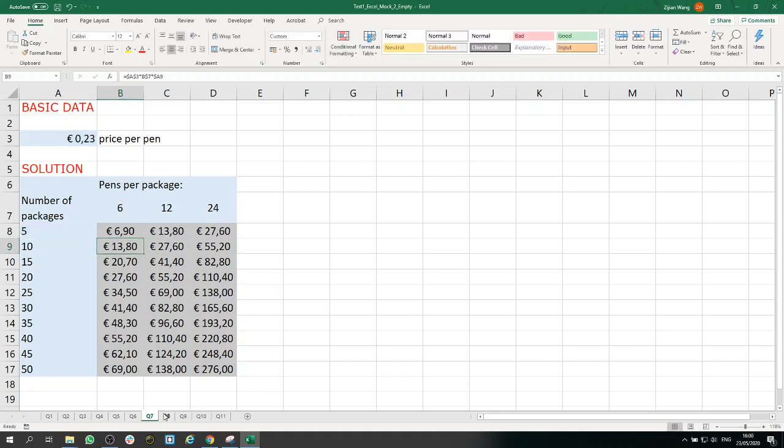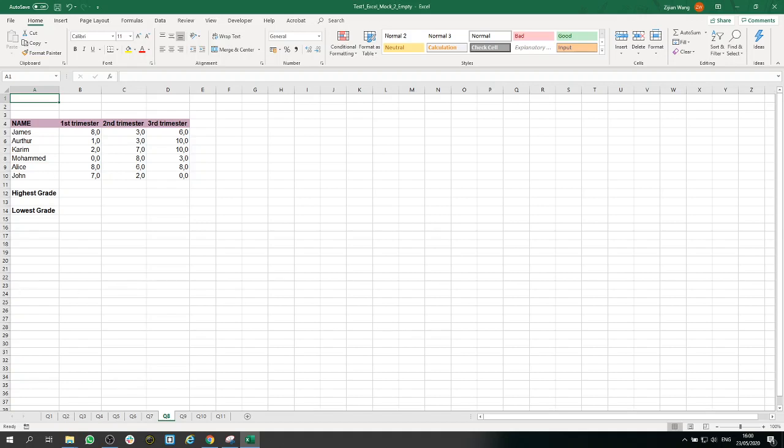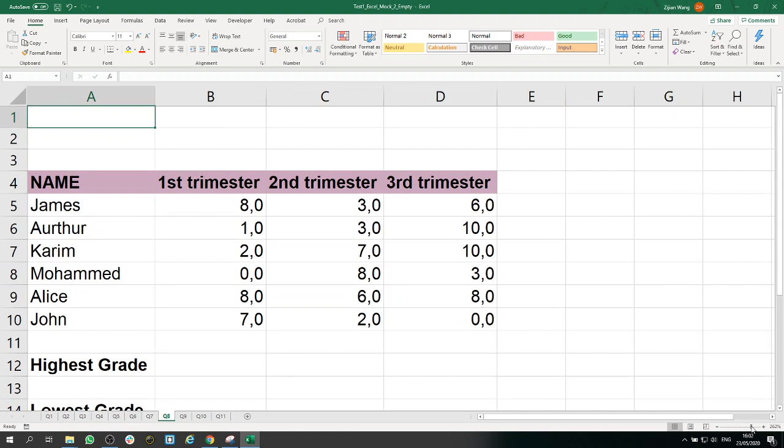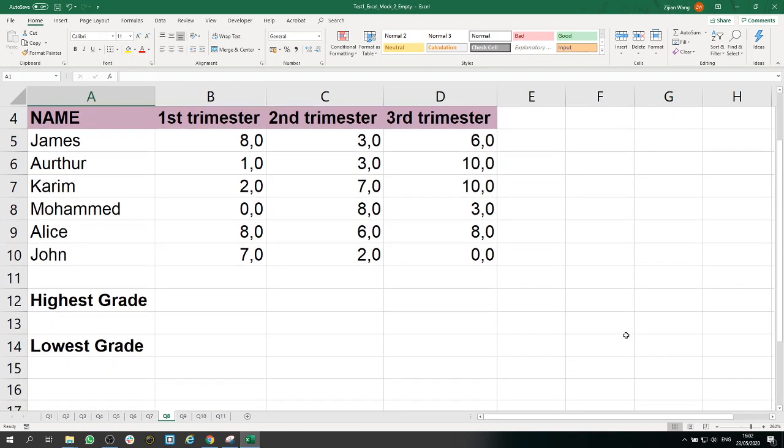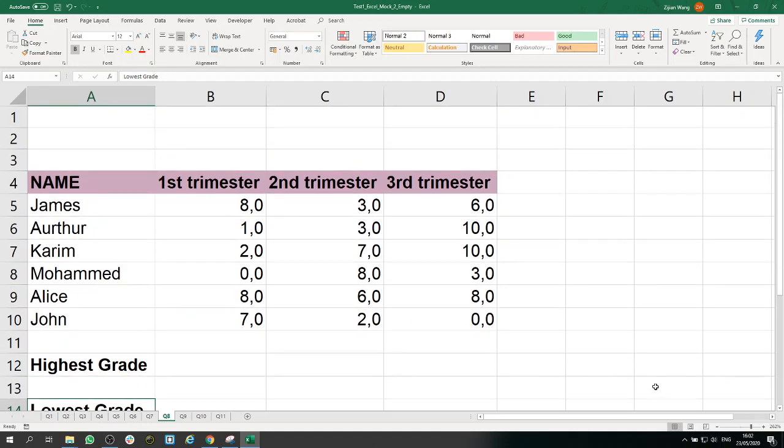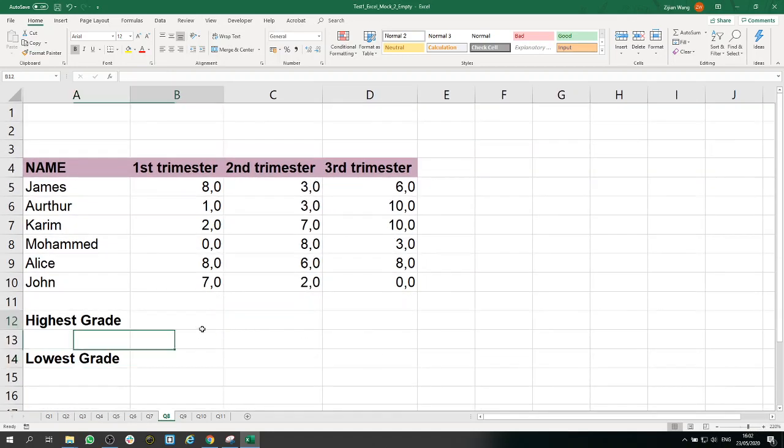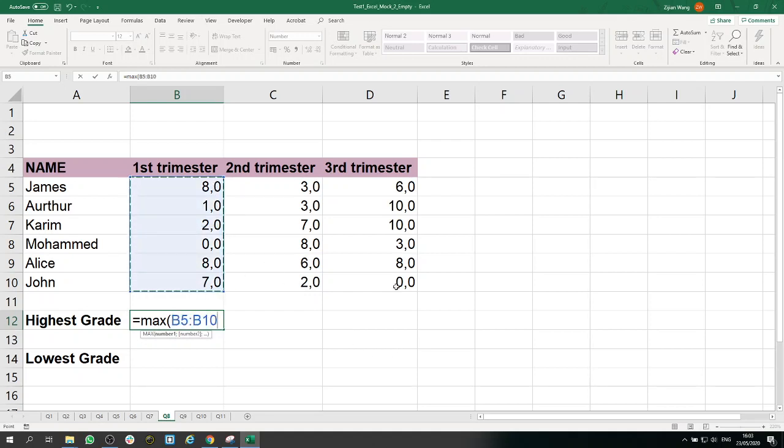Okay, moving on to question 8. This question requires us to look for the highest grade and lowest grade in this table. When we are talking about the highest, the formula that should come up in our minds is MAX. This will calculate the highest number.